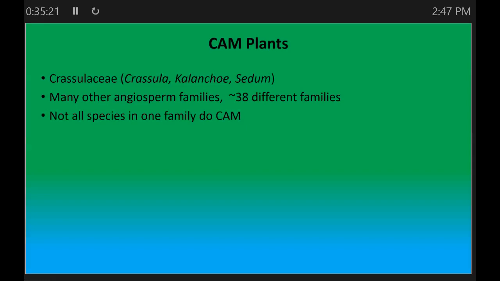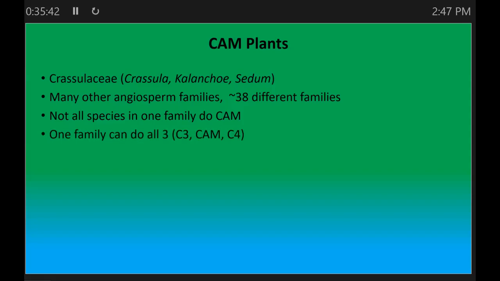And if you look at a family of plants, we're not saying that all of them do CAM. Some of them do CAM. If you look at one family of plants, some do just straight C3, some will be C4, some will be CAM. So it's kind of all mixed up on who can do these cycles. It's not just one family.